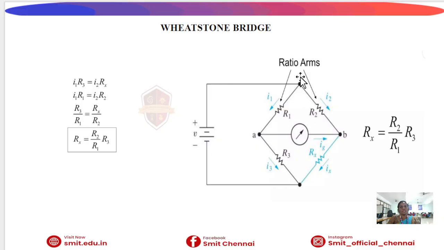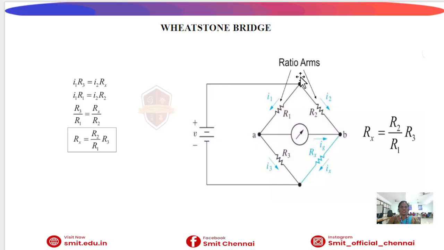Now, applying Ohm's law to both sides of the bridge, the voltage drop across the left branch gives I1 R3 equal to I2 Rx, and the upper branch I1 into R1 equal to I2 R2. Dividing these two equations eliminates current and gives R3 by R1 equal to Rx by R2.